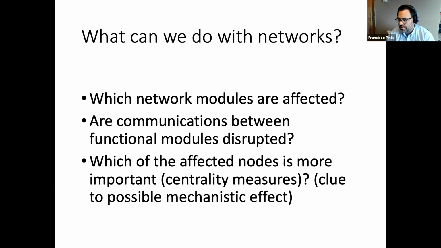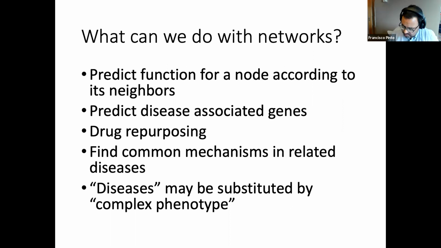Among those affected genes, what are the most important in that subnetwork? So you can apply the centrality measures to identify which of those affected genes are probably more directly linked to the cause of the changes that you are seeing. So these are different things that you can do with the networks.